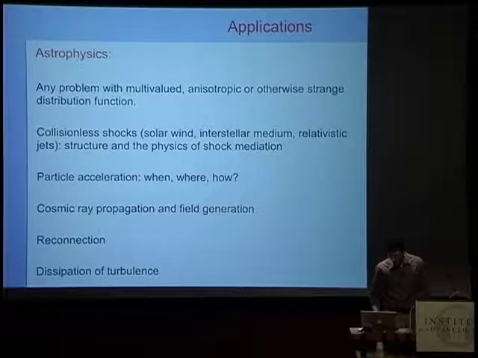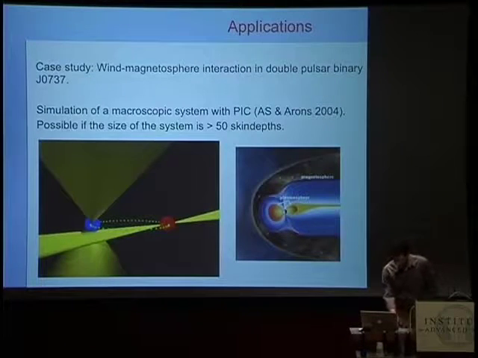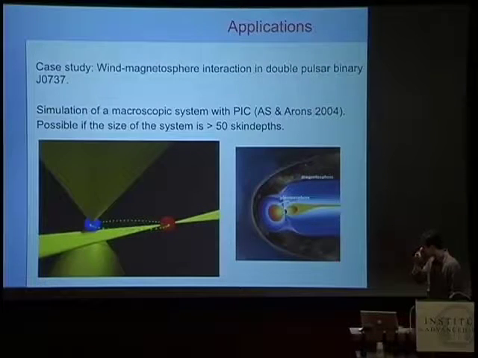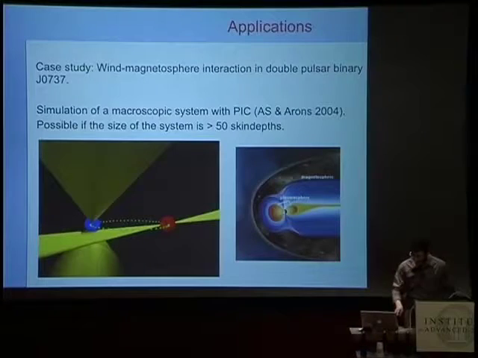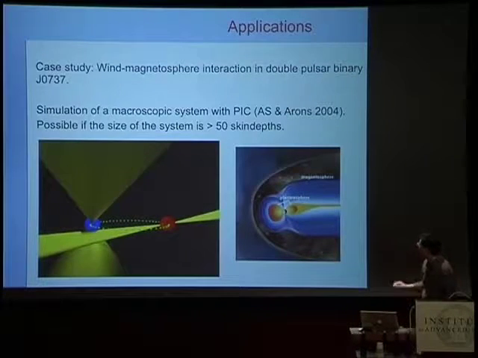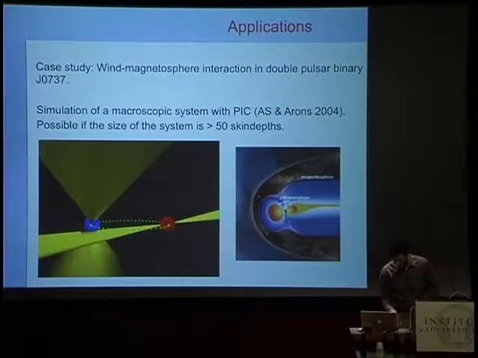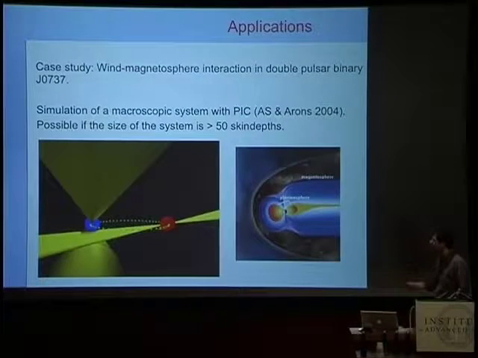Okay, so let me show you a few case studies. Here is an example of a simulation we did, where we're considering what happens in the interaction of two pulsar winds. There is an interesting double pulsar binary where you have two pulsars orbiting each other.